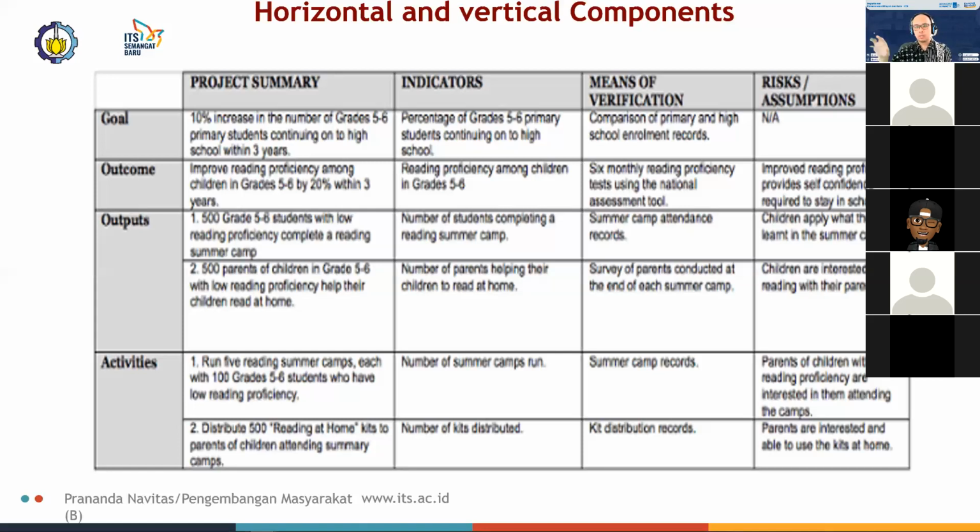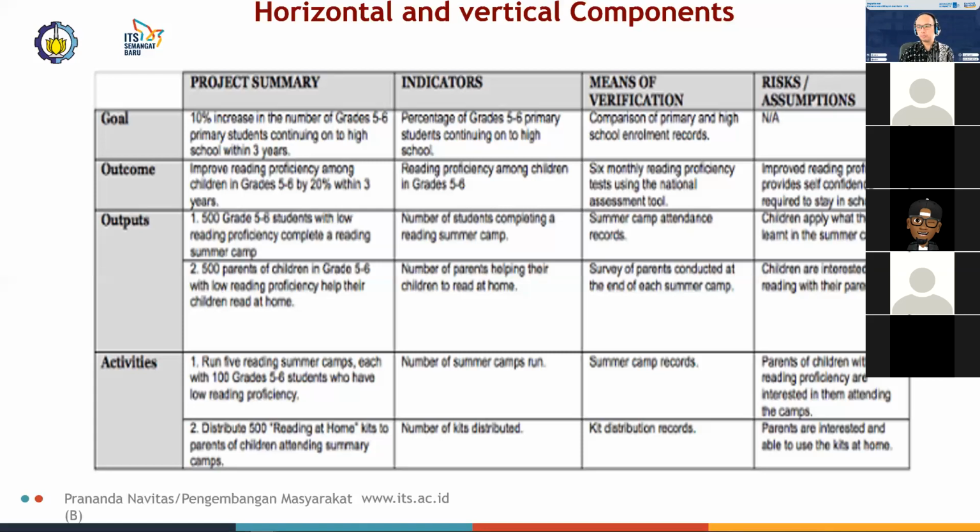The context or the background situation of this project is that the community is worried because children don't want to continue on to high school after they finish their elementary education. But they realize that this is not as easy as flipping your hand.